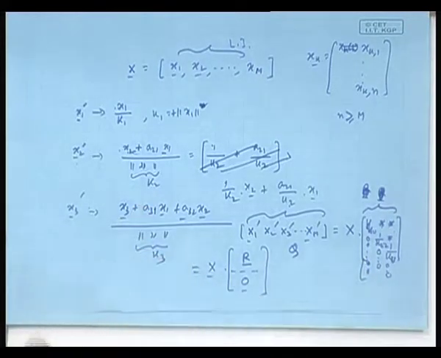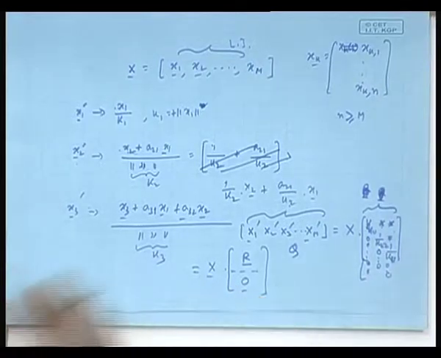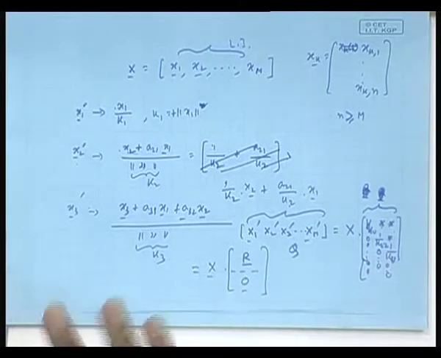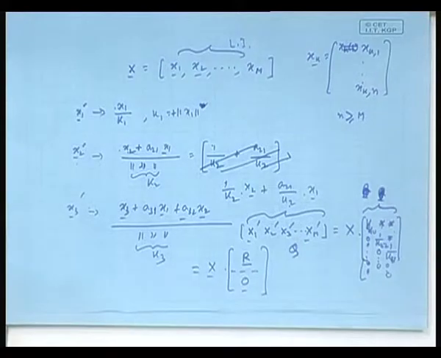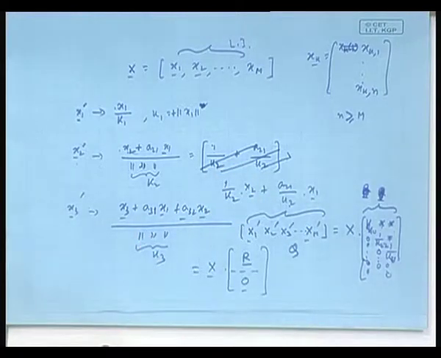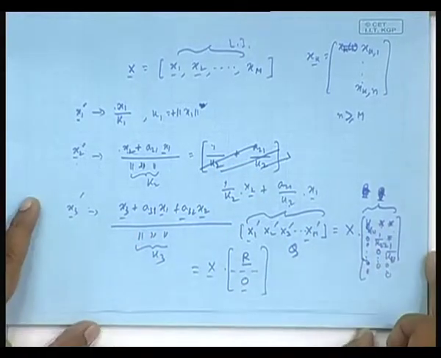And if they are square, Q transpose Q is I means if two square matrices A and B are such that AB is I, then it can be proved in linear algebra easily that BA is also I. Using that, we say that Q Q transpose is also I. That follows from that, but Q transpose Q is I comes from unitariness, which does not require the matrices to be square. That applies here.